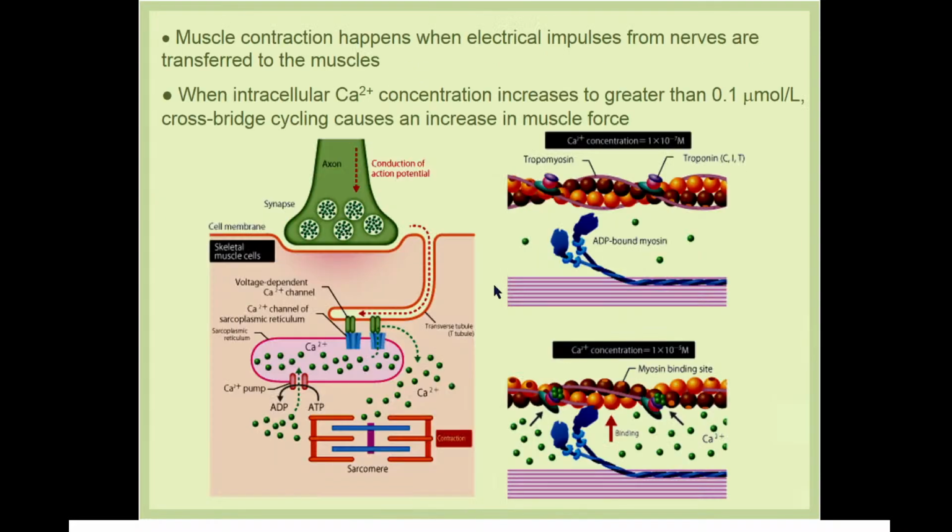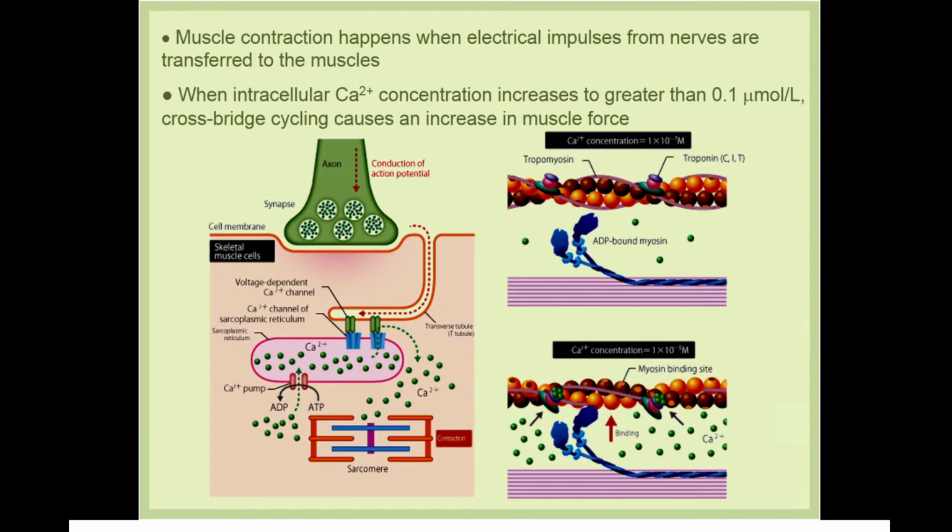The action potential, the nerve impulse, is transmitted to the T-tubular network membrane, and this is the signal for the sarcoplasmic reticulum to open the calcium channel and release the calcium into the cytoplasm of the skeletal muscle fiber.